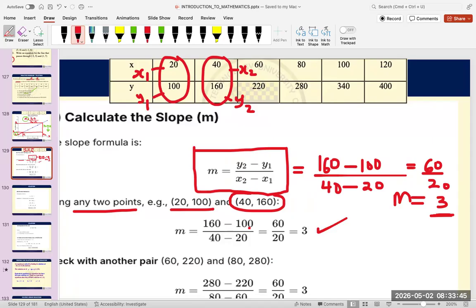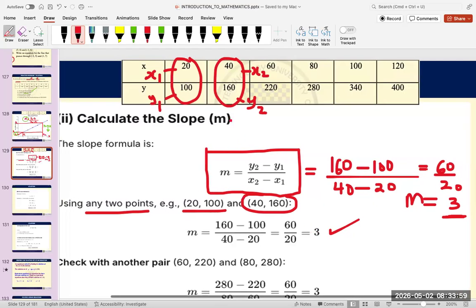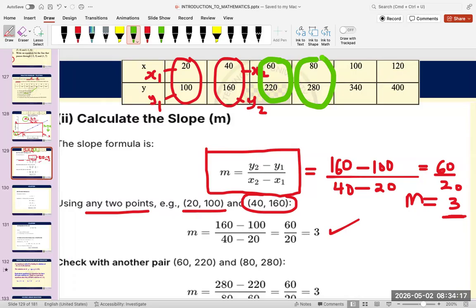160 minus 100 divided by 40 minus 20, and so the m will give you 3. Somebody else will say, okay, I won't use the first 2 points. I also want to use some different points. So somebody will say, I'm using 60 and 220, and then I'm using 80 and 280.